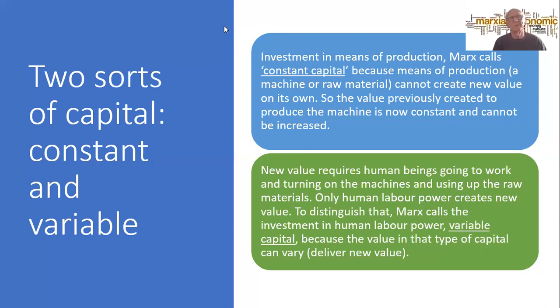The second sort of capital is what Marx called variable capital. This is human beings going to work, turning on the machines, using up the raw materials, and it's only human beings that create new value. So Marx said you have to distinguish that between investment in human labor power, which he called variable capital, because the value in that type of capital can vary. It creates new value.